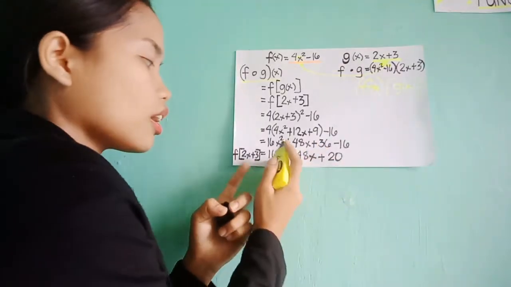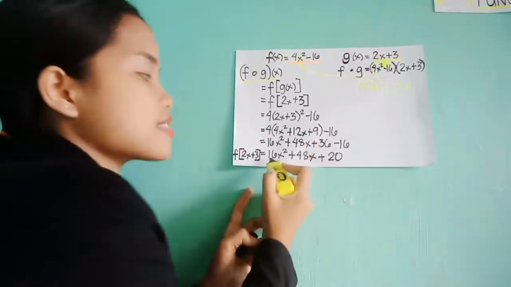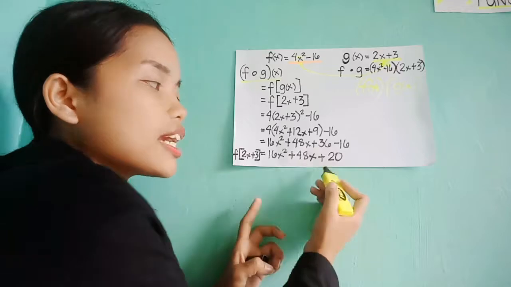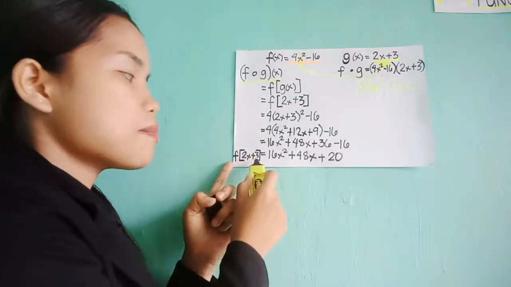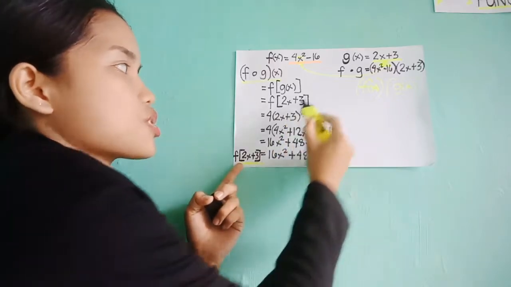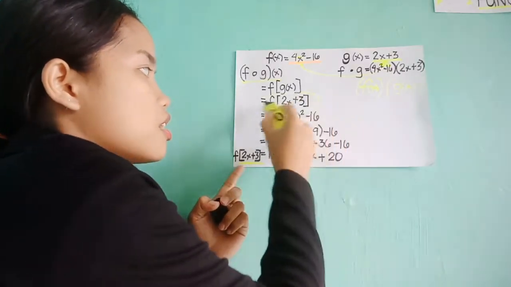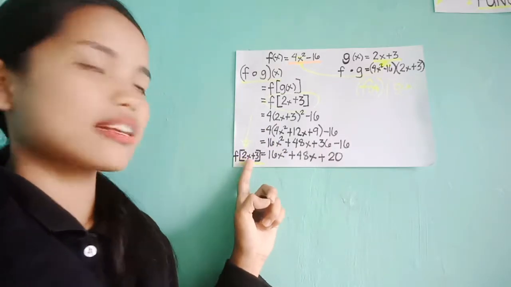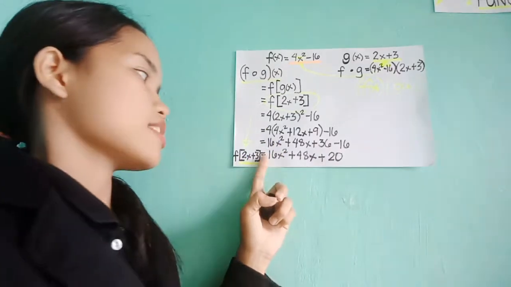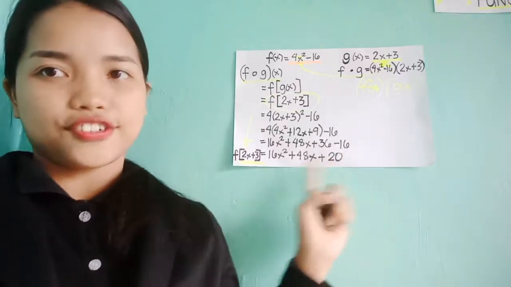So the final answer would be 16x squared plus 48x plus 20. And then don't forget the label, which comes from here. The label is f of 2x plus 3 is equal to the final answer.